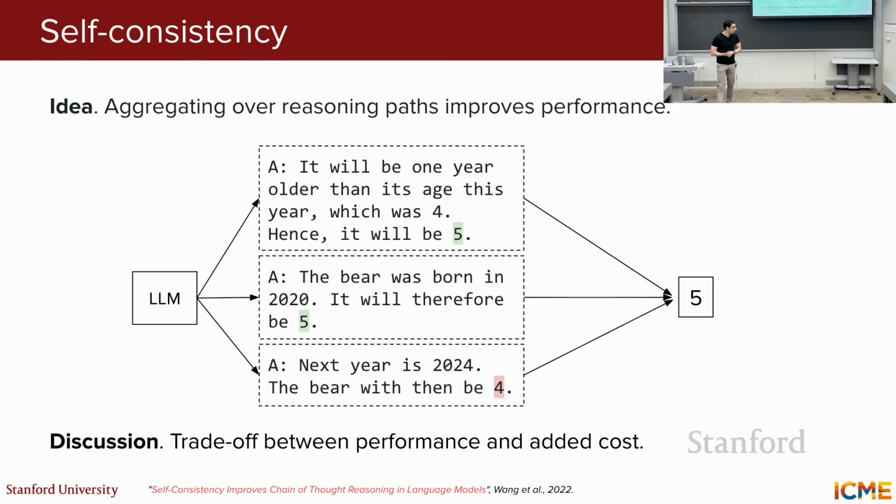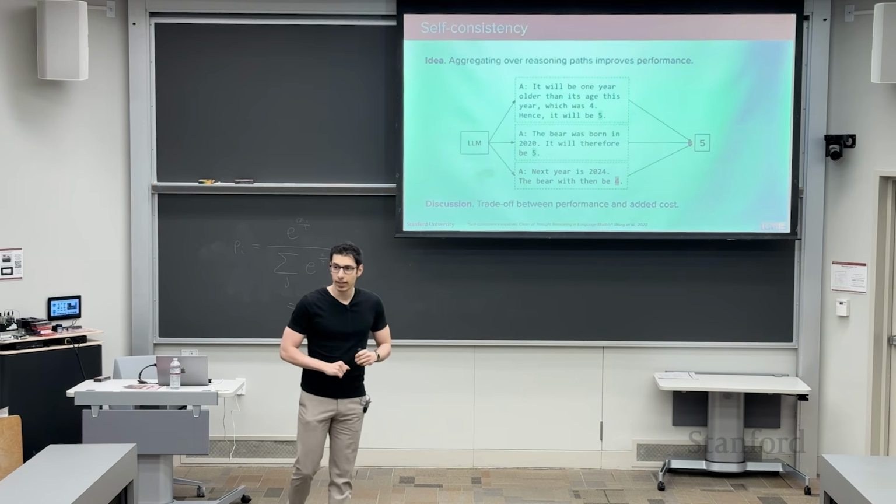And this is what we call self-consistency, where basically you sample responses multiple times and then parse the actual answer. So basically you kind of factor out the whole reasoning and then try to target the answer. And then by majority voting, you can come up to an answer in a more robust way.